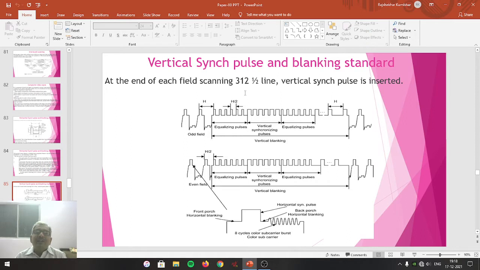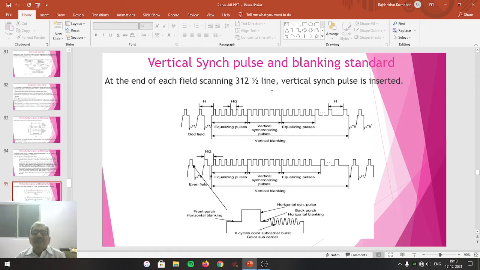Friends, we are aware that vertical scanning will take place in the two fields. One is odd field where first odd number of 312.5 lines are scanned, and next one is even field where remaining even number of 312.5 lines are scanned.